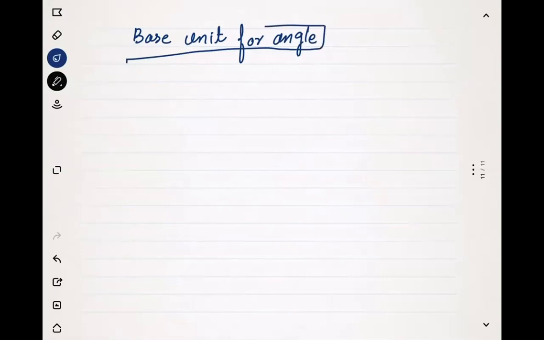So the base unit for angle would be, as you see, area is equal to 1 over 2 r square theta.